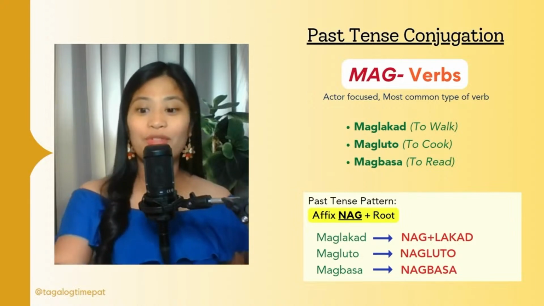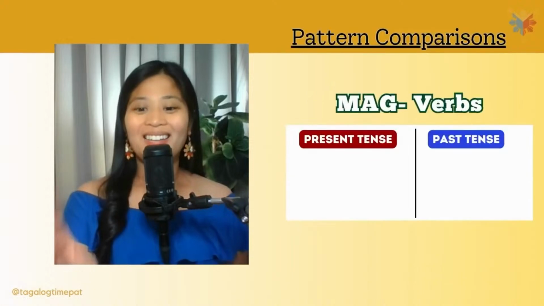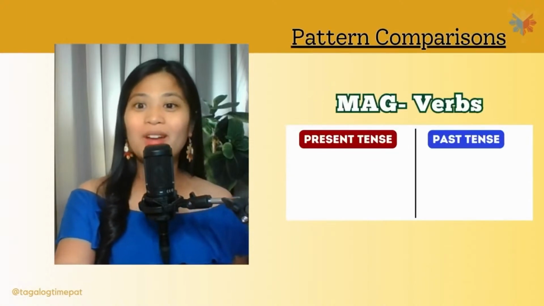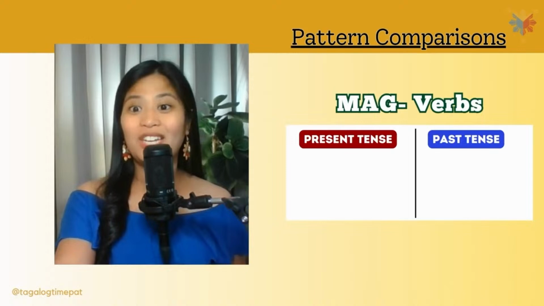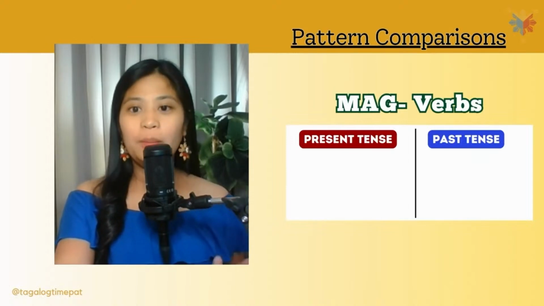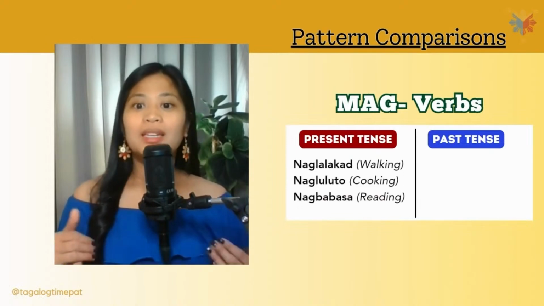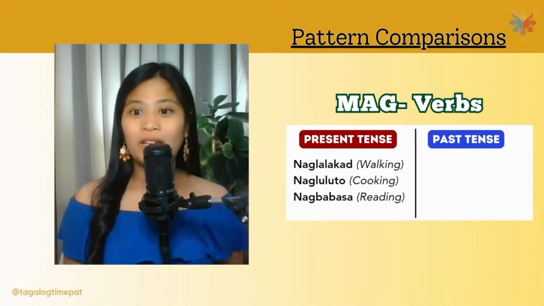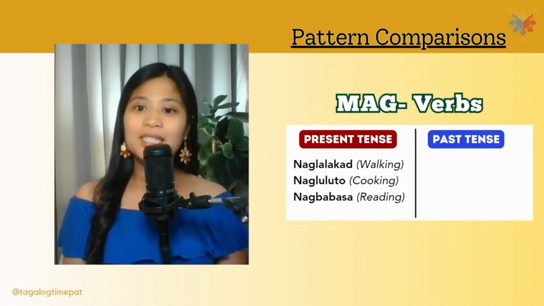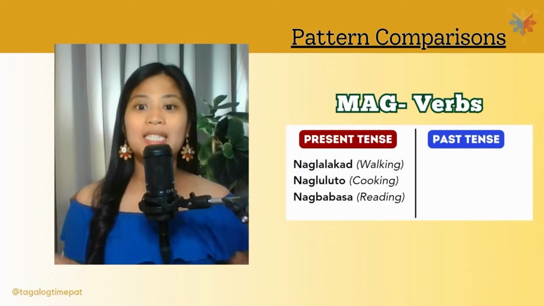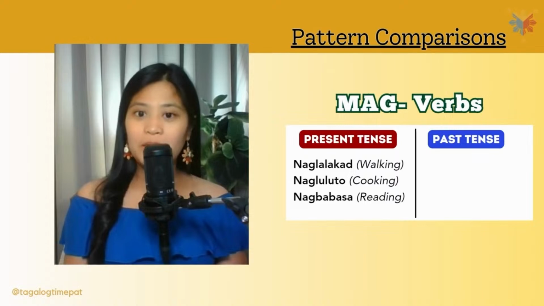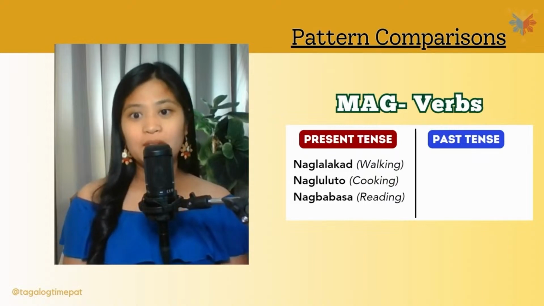It's a little different from the present tense. Speaking of, let's go ahead and just compare the present tense to the past tense conjugation of mag verbs. So in the present tense, we learned naglalakad is walking. If you recall, the present tense conjugation of mag verbs is nag plus the repeated first syllable plus the root.